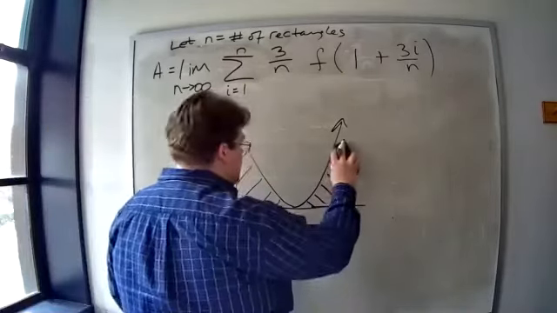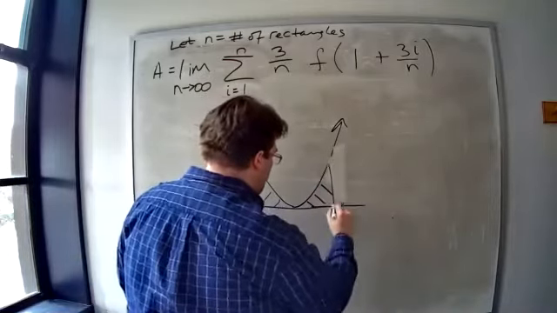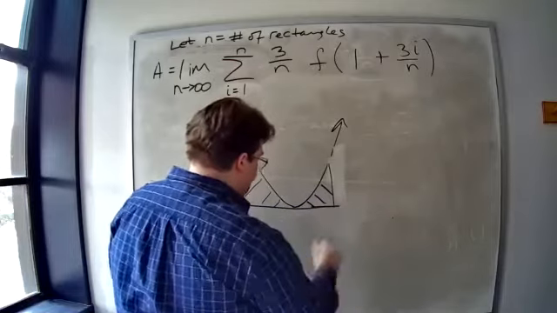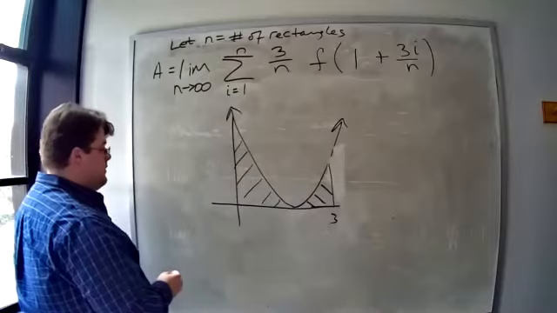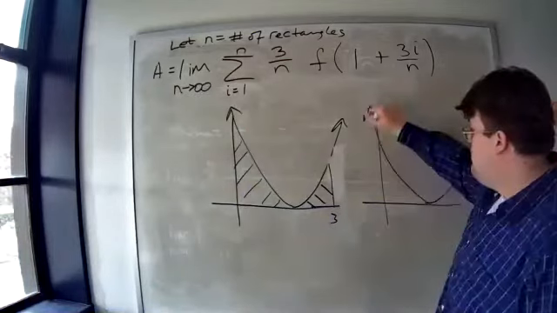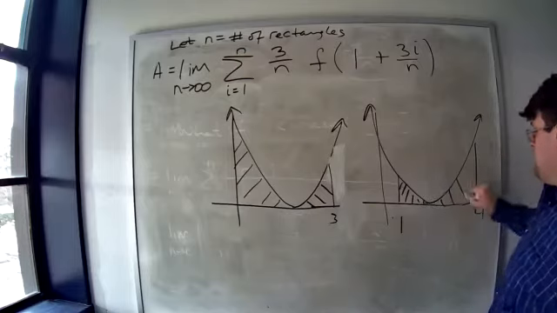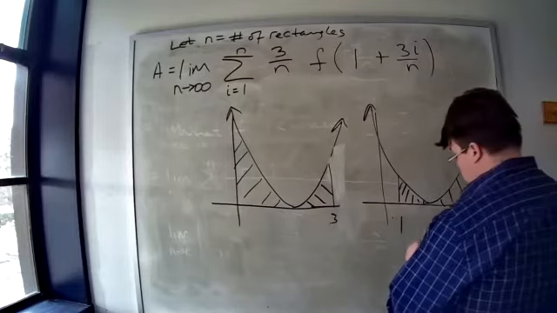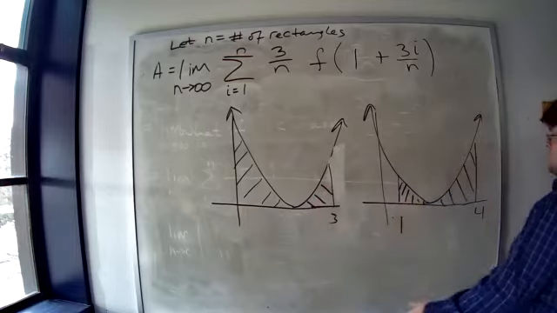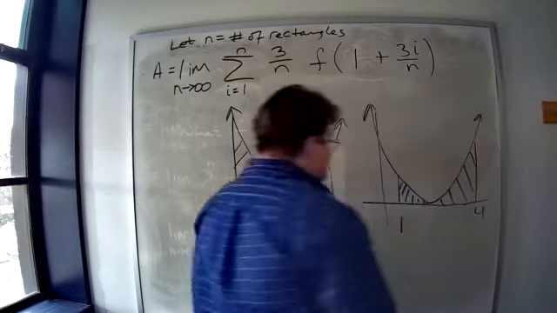The area from 0 to 3 would look like that. The area from 1 to 4 would look like this. And by the symmetry of the parabola, in terms of area, this wedge has the same area as that, and this has the same area as that. I did not set it up so that they would be the same. More on that in chapter 5.